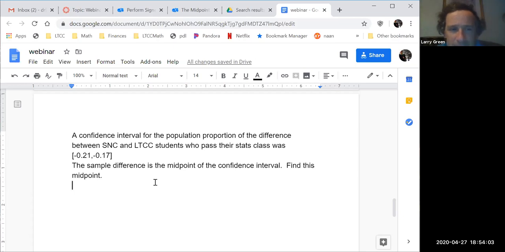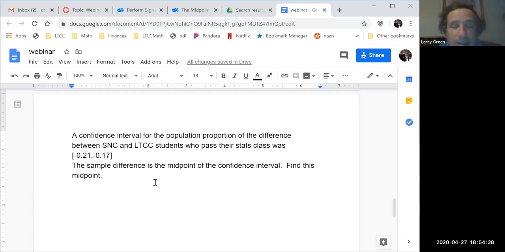If they're both negative, what does it tell you about positive? Not quite. We're talking about SNC versus LTCC. Without using those letters, you can't really answer. They're both negative. That means we're subtracting SNC minus LTCC, and we got a negative number.